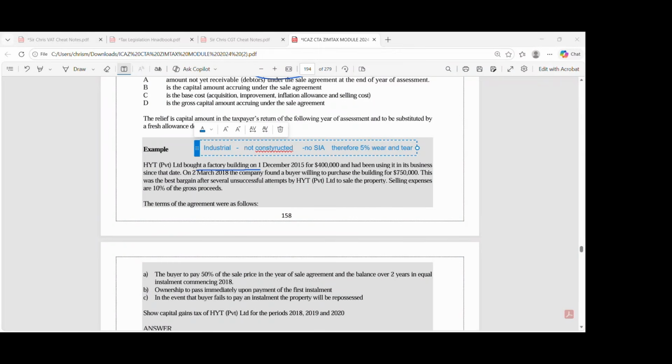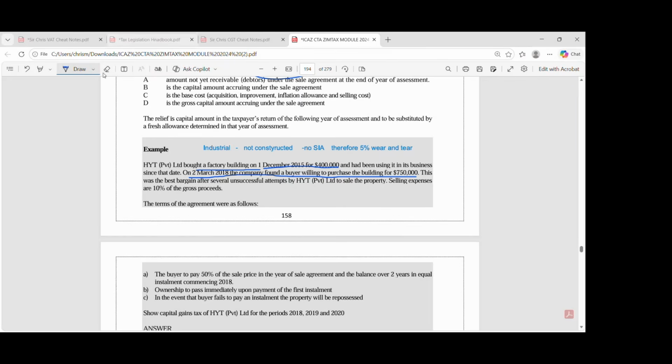Which affects your answer. They bought it on 1 December 2015 for 400, and they had been using it since that date. On 2 March 2018, the company found a buyer willing to purchase the building for 750. Before I deal with this from your CGT, let's first understand this from the Income Tax Act principle.